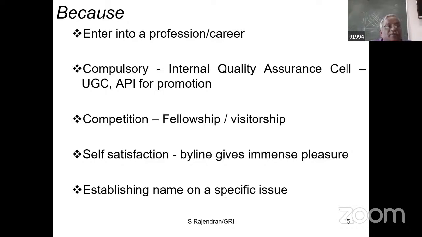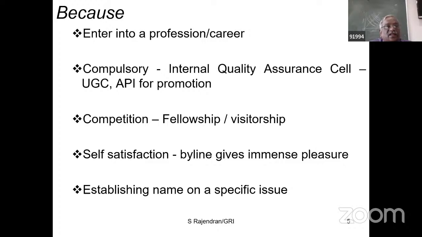Some of us, in the initial stages of our graduation or post-graduation, want to build a career in a specific domain of teaching, research, or both. Therefore, an individual is interested in shaping the profession through research.